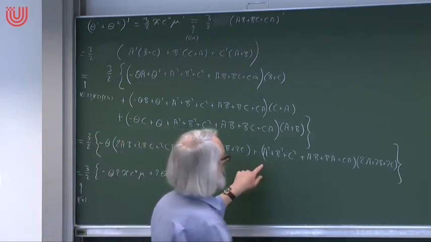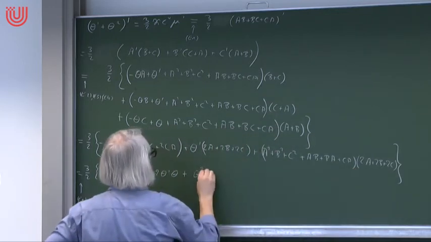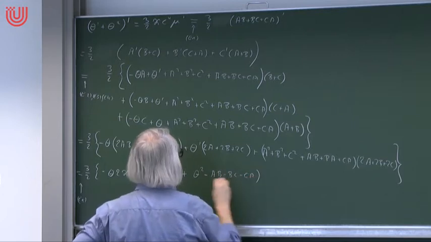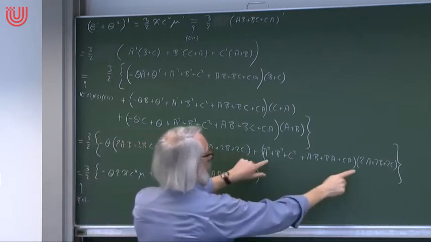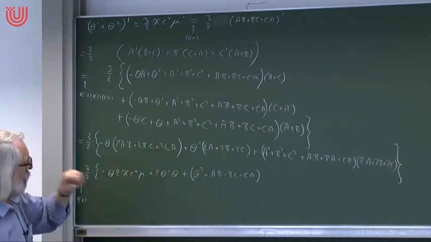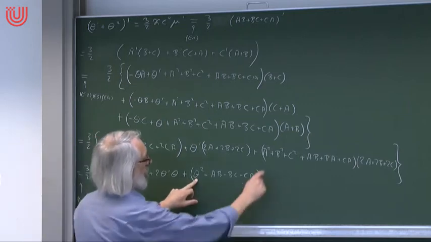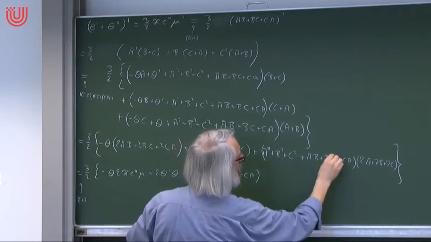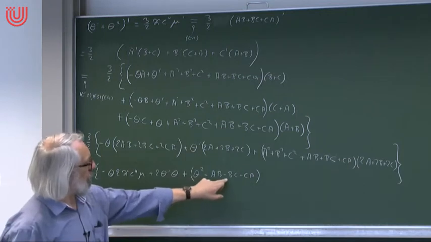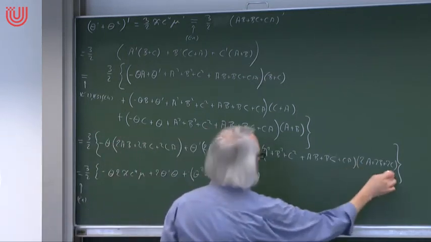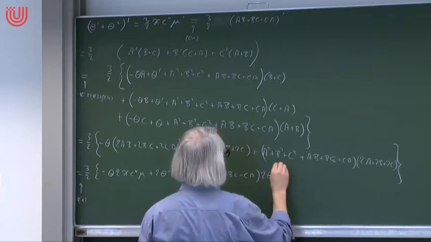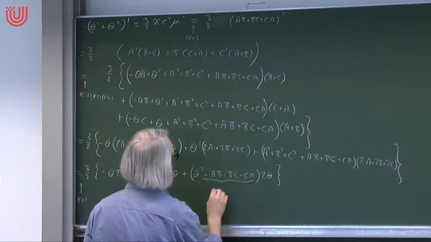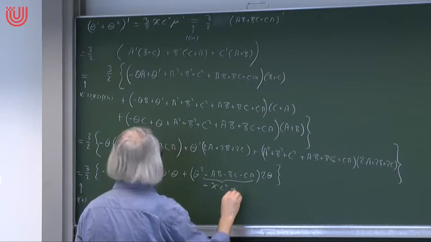And here I have what? This is theta squared minus AB minus BC minus CA. This is this bracket here. We have done the same calculation already down there. Theta squared gives A squared plus B squared plus C squared plus 2AB, 2BC, 2CA. So I have to subtract these terms once. And this is 2 theta, right? And here I have again kappa. This is minus kappa c to the 4 mu.